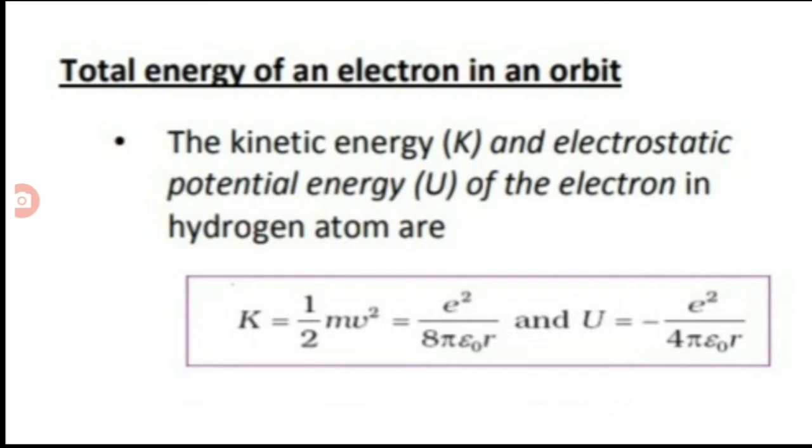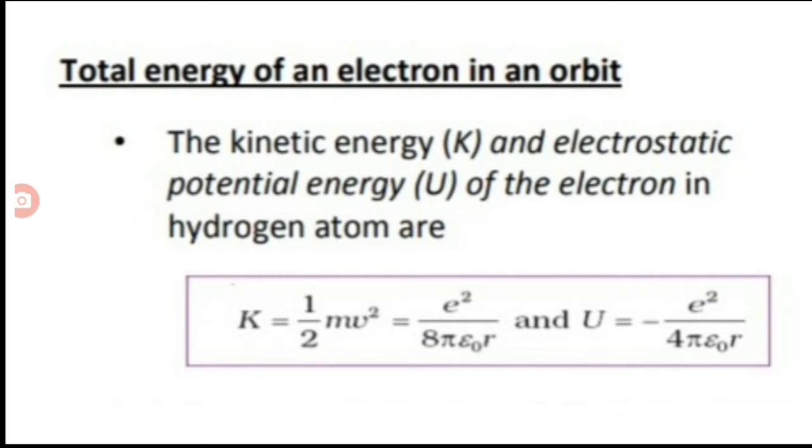And we know the electrostatic potential energy between the hydrogen nucleus and the electron. It is minus e square divided by 4 pi epsilon 0 r, where we applied the equation q1 q2 divided by 4 pi epsilon 0 r12, the equation which we studied in electrostatics. So these are the expressions for kinetic energy and potential energy.